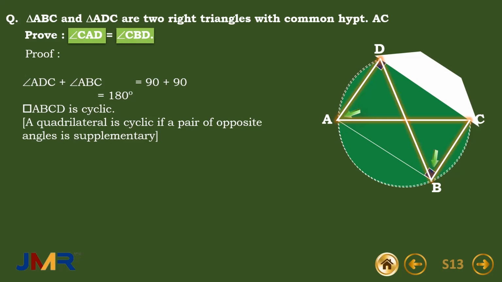That means angle CAD is equal to angle CBD. Why? They are the angles in the same segment. Hence proved. The problem is very simple. What we required, we have already proved. It is very simple. Identifying a cyclic quadrilateral, identifying two angles are equal.